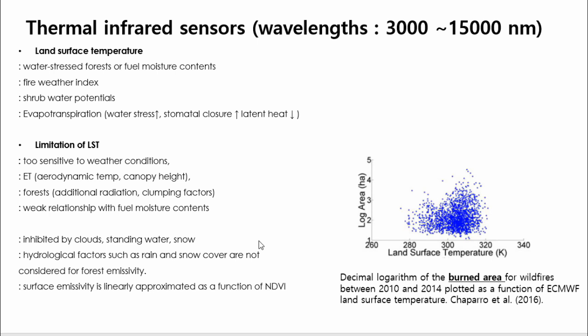And like we discussed earlier, there are hydrological factors, but these are not considered for the measurement of forest emissivity. Instead, it is assumed to be linearly related to a function of NDVI. So these are all sources of uncertainty.